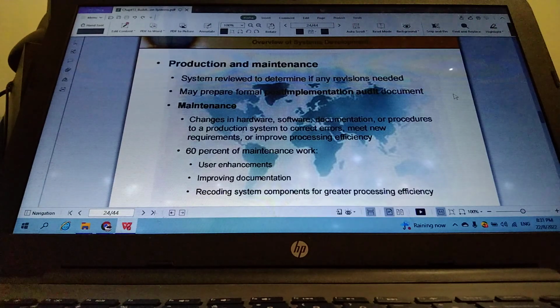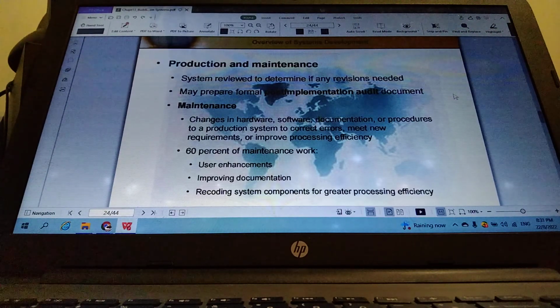When they are not meeting the requirement, if it requires changes or improvement, all this will be done under maintenance. Normally there will be an agreed time signed up by the vendors or by the IT team, how long the changes can be done, how long they need for the changes to be done.